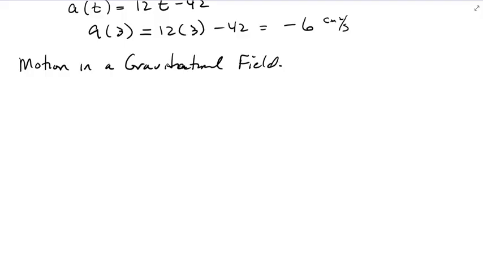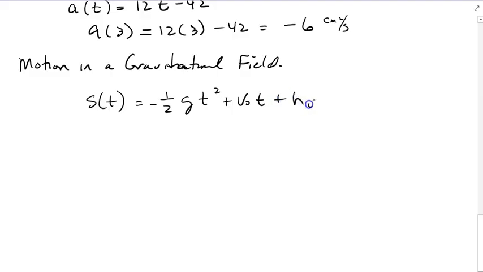We'll still use S sub t because we're talking about position. Sometimes it's H sub t for height, but there is a standard formula. You don't need to know this formula. It was -1/2 g t squared plus v sub o t plus h sub o.